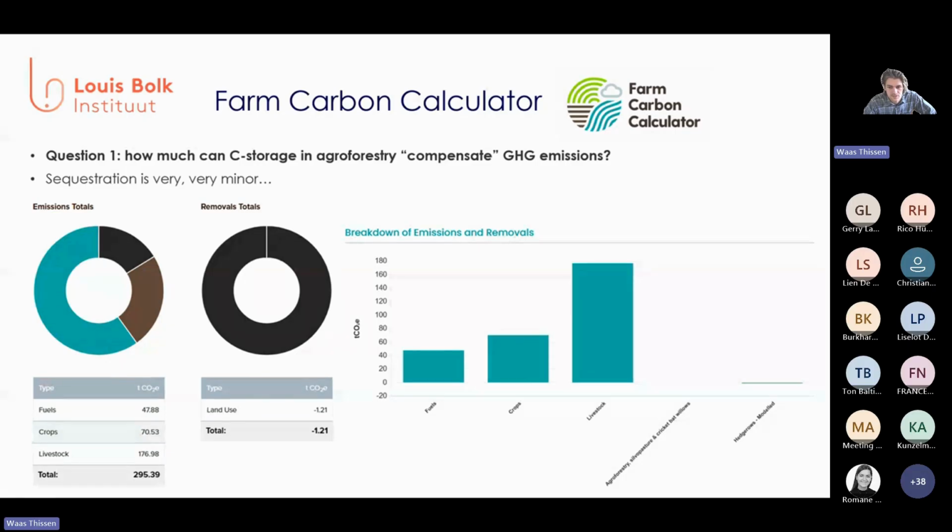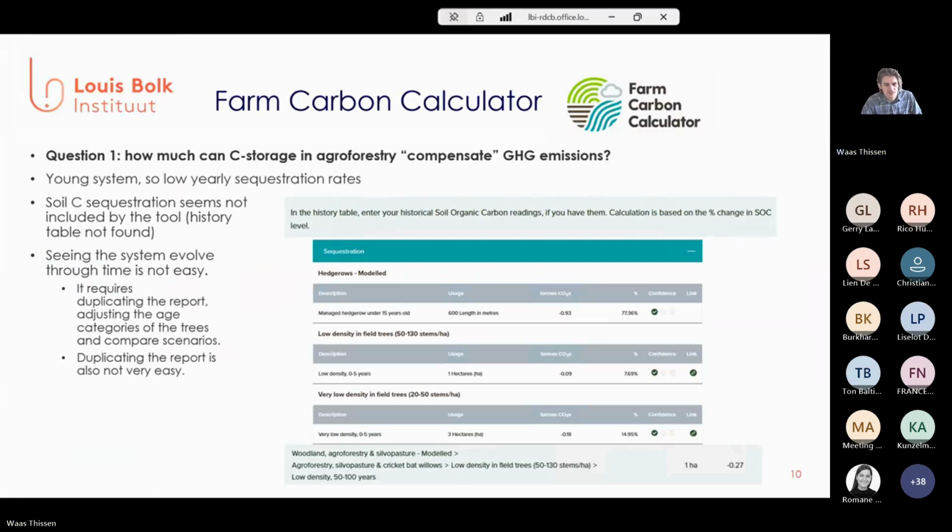Why is that the case? The system is still quite young, so the model calculates with very low yearly sequestration rates. One other thing that I didn't successfully include yet is the soil carbon sequestration. I think that's a technical thing I have to fix inside of the modeling that I didn't get to work yet.